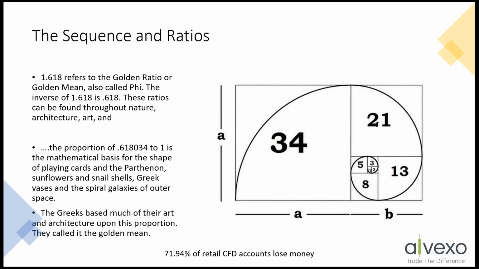These ratios can be found throughout nature, architecture, art. The proportion of 0.618 to 1 is a mathematical basis for the shape of playing cards, for the Parthenon, for sunflowers, for the indentations in a snail shell, for Greek vases, actually for the spiral galaxy.